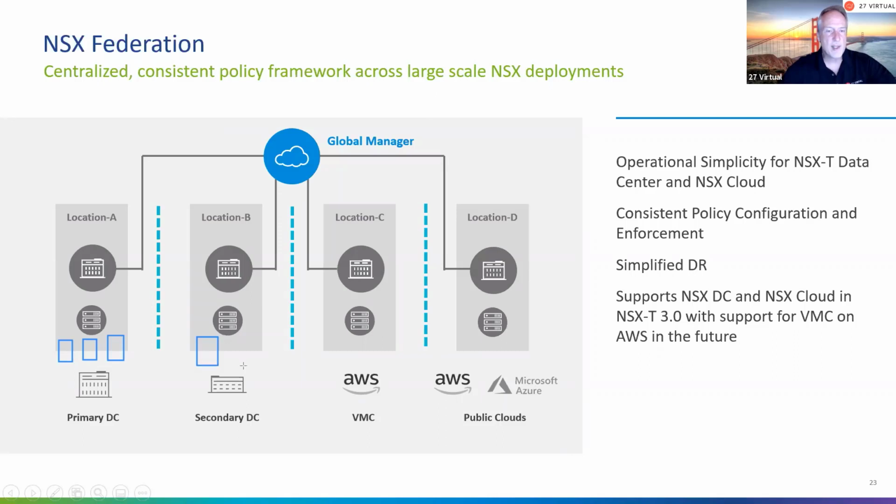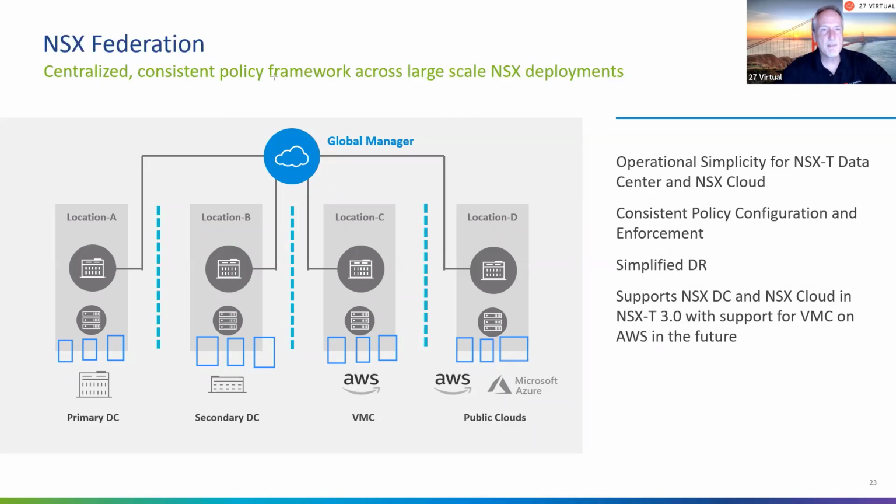The great thing about this is we don't have to worry about failing over the management cluster as we did in previous versions, or even all the way back in NSX for vSphere, having a primary and a secondary. Instead of having a management plane that we must fail over as in the current versions of NSX, we have separate local managers, and then we have a global manager.